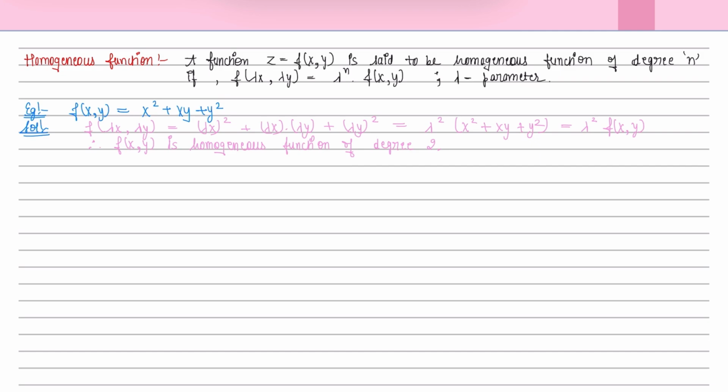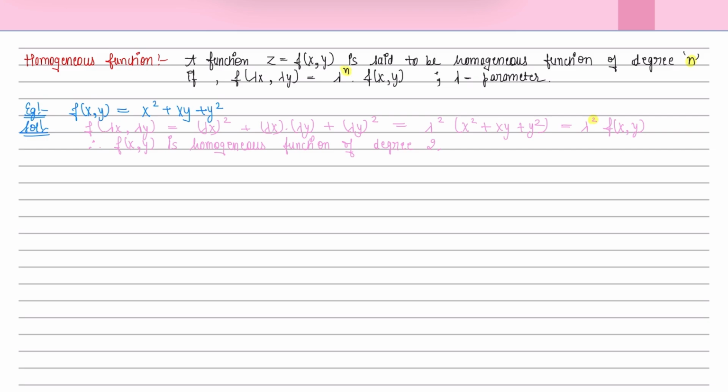Now understand that the degree of the homogeneous function depends on the power of lambda we are taking common. We can see the definition again, that the homogeneous degree is n, where n is the power of lambda.